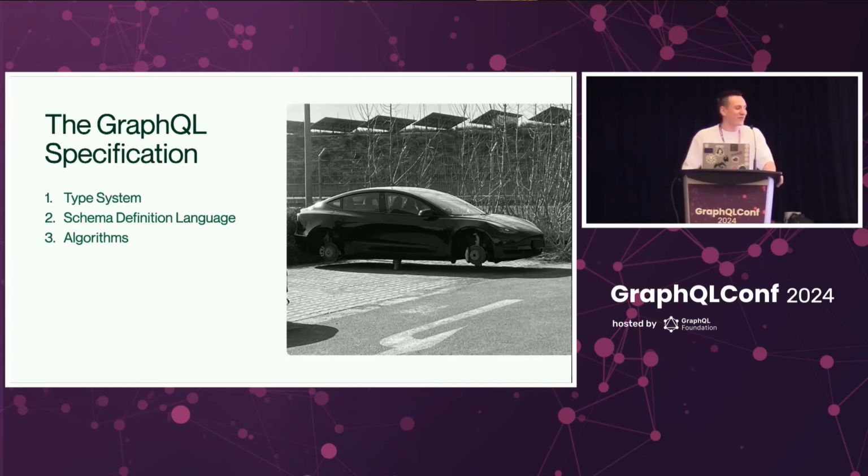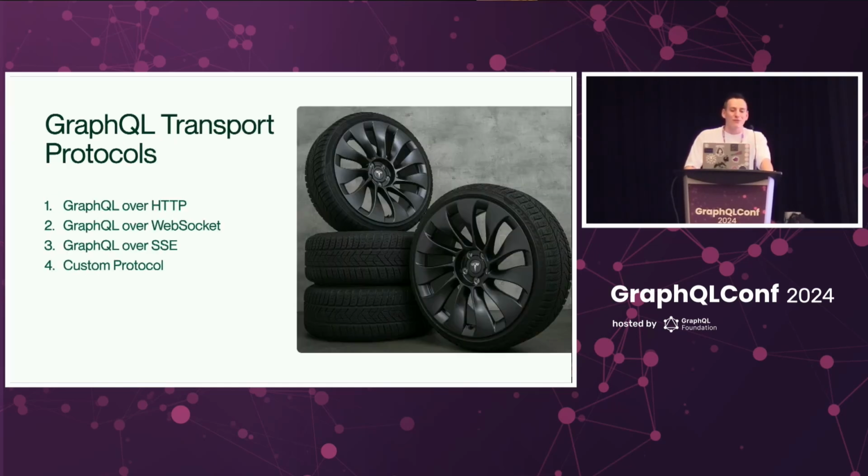The GraphQL specification is great in defining a type system. It also gives us the schema definition language and the algorithms for running GraphQL, but it actually doesn't give us the tool for sending GraphQL over something. So for that, we need the additional GraphQL transport protocols. The one that's the most popular, that a lot of you are hopefully using, is GraphQL over HTTP.